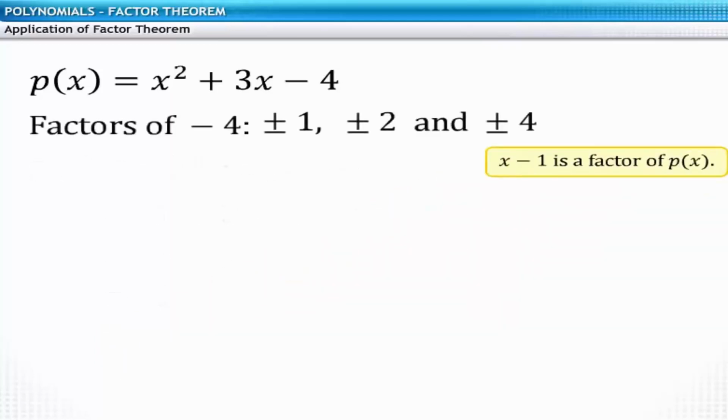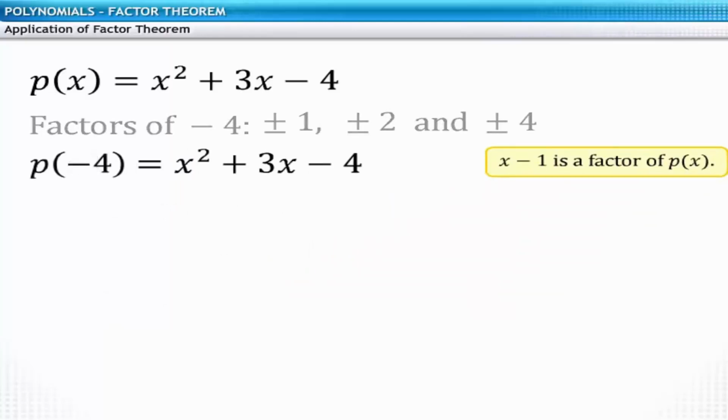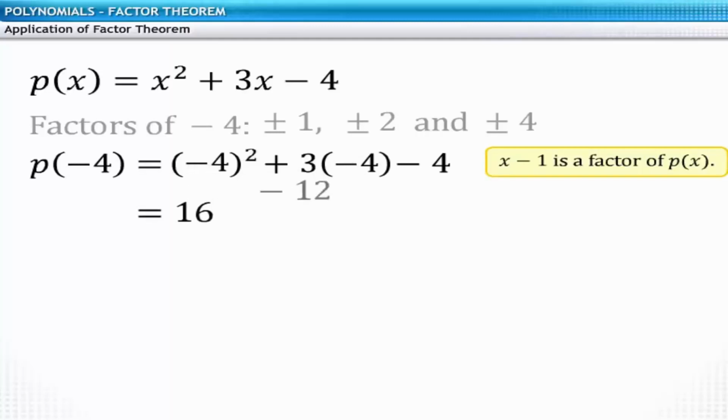By performing the same for all factors, we get p of minus 4 is equal to 0.